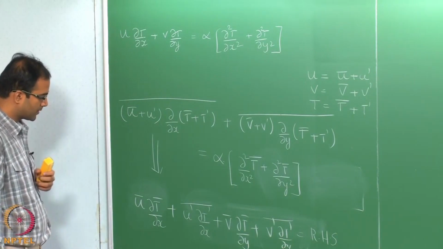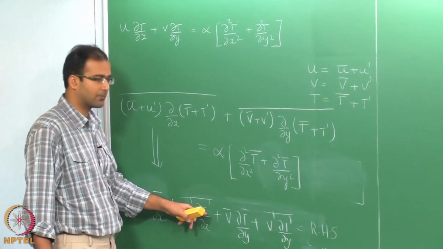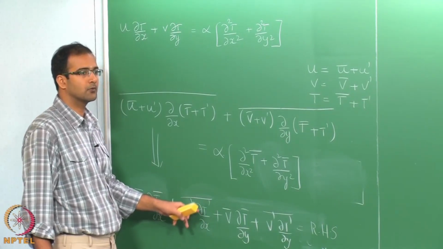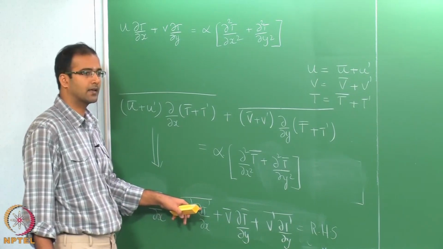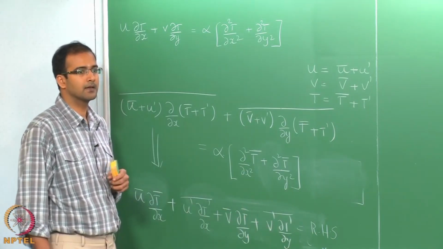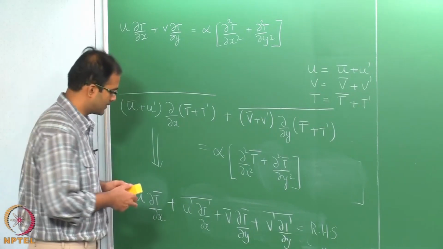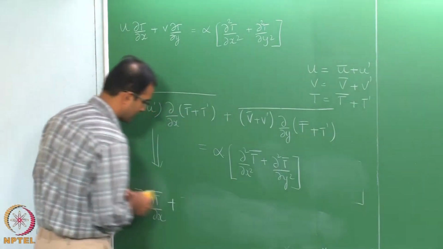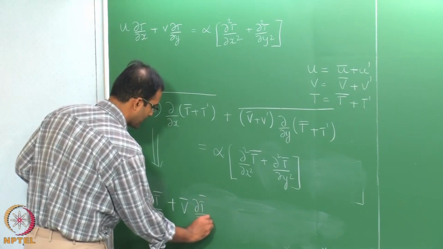Now we can write this as d/dx of u prime T prime minus T prime into du prime/dx. If you take T prime constant, we will have du prime/dx plus dv prime/dy, which will be 0, satisfying the continuity for the fluctuating component. Essentially you will have v bar dT bar/dy.